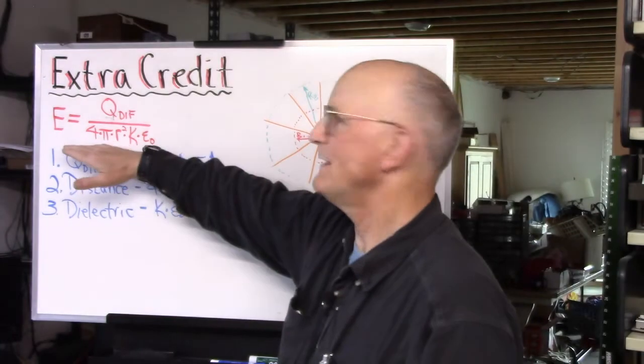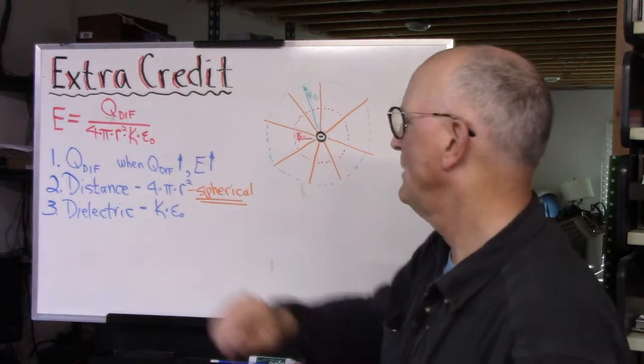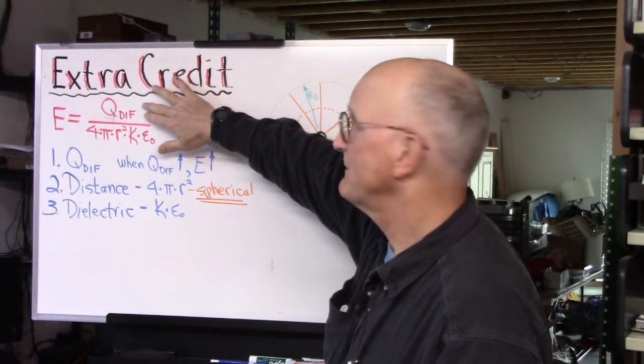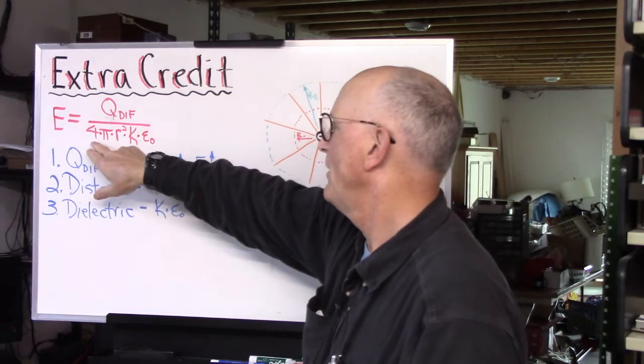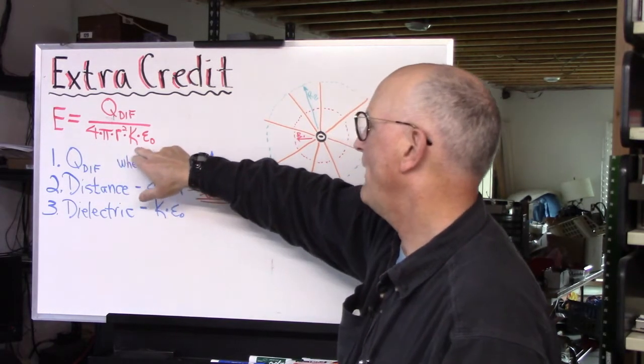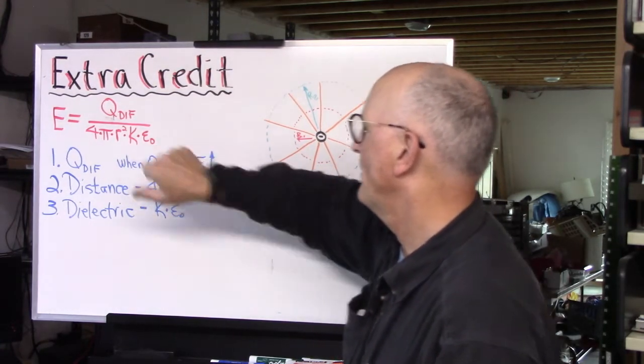Here's this lovely equation from that particular portion. We have the charge difference. We have the radius, or the distance away. We have the dielectric permittivity.